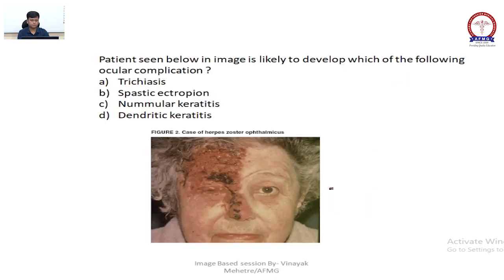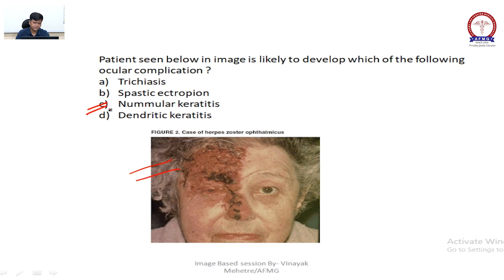Okay, now next, patient seen below in image is likely to develop which of the following complication? Just now I told you it is the image of herpes zoster ophthalmicus, and you will see which ulcer, nummular or dendritic.